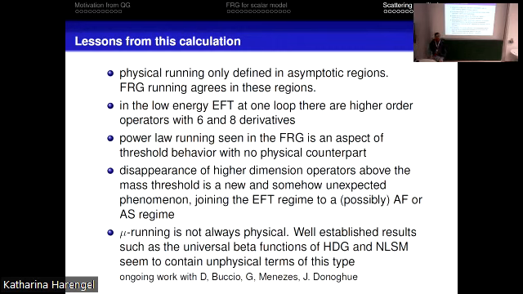And perhaps the most surprising lesson for me was that also the mu running is not always physical. Now, this mu running, I tended always to fully trust, in the sense that those beta functions are universal. But even those beta functions sometimes contain some terms which are not related to the behavior of the amplitudes.